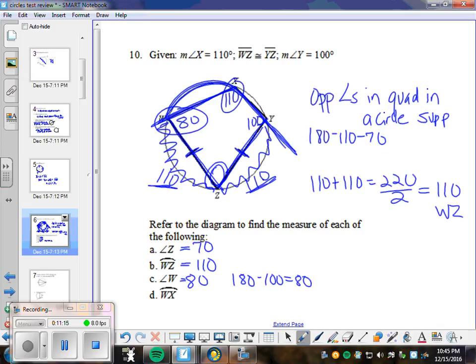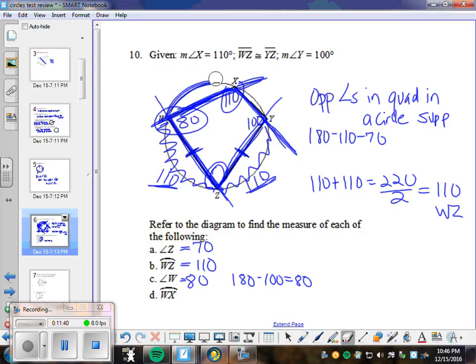We knew this part of the arc already. We know that this arc, hold on, the 80 goes with all of this. So if I know 80, double the 80. So is everybody with me? I got a lot of marking.